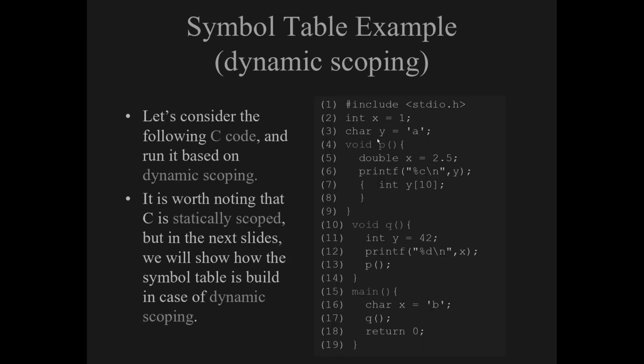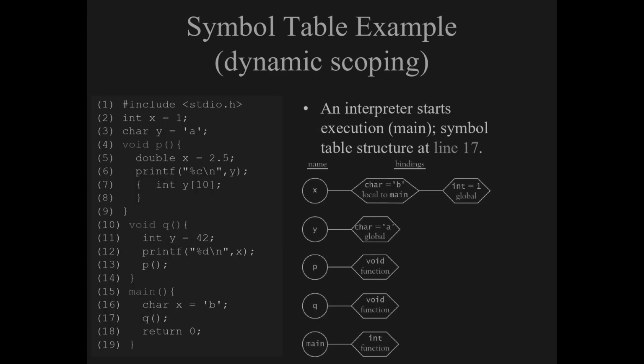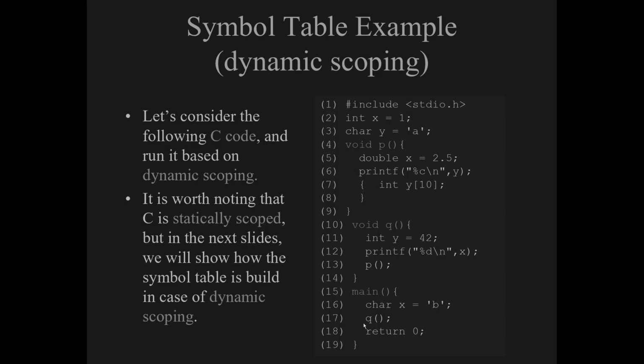So let's look at this now. C is statically scoped, but we're going to go through this as if it's dynamically scoped, okay? So we're going to start at the start of execution, which is the main function. So that's where we start. We declare character x, and then we go into function q, right?